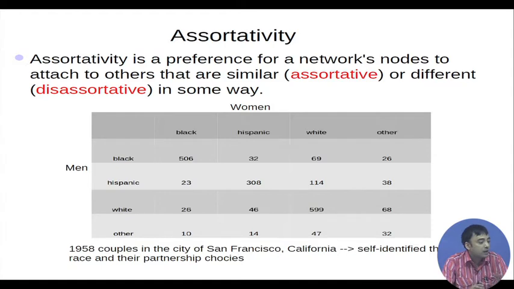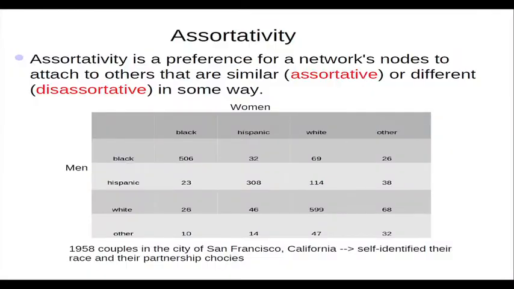One of the immediate observations from this table is that the cells on the diagonal are the heaviest, which again indicates that people of the same type are interested in having partners from their own class.